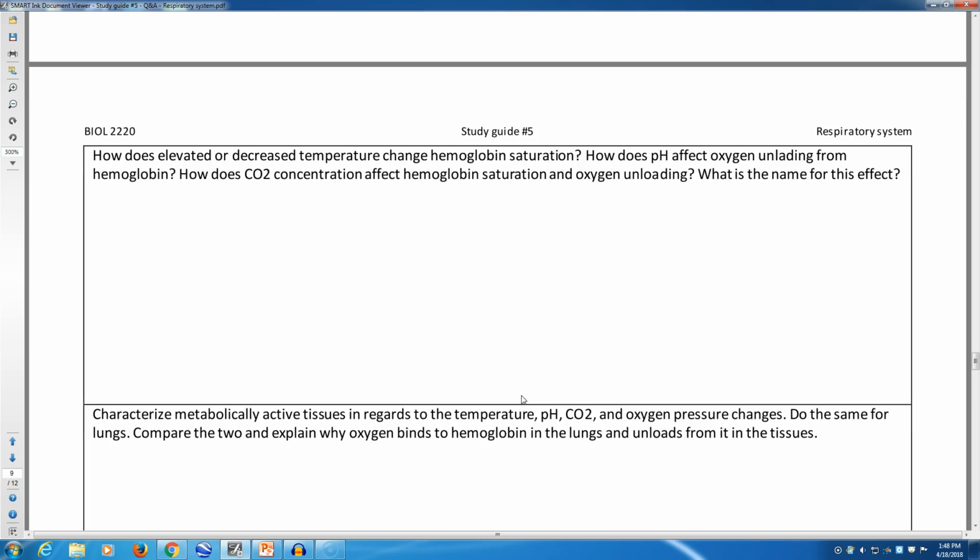So, now let's try to use our imagination and talk about factors that influence hemoglobin saturation and unloading. Okay, unloading.